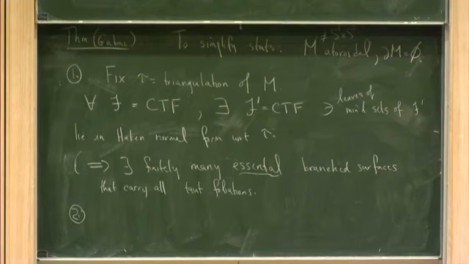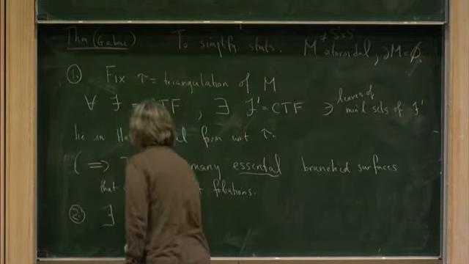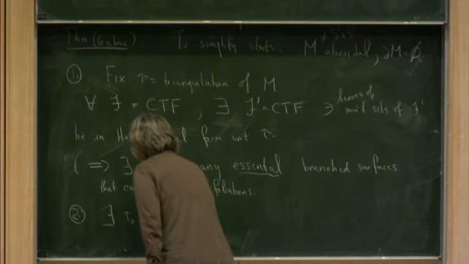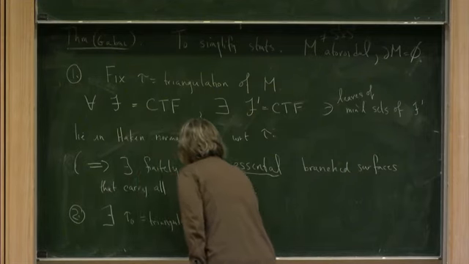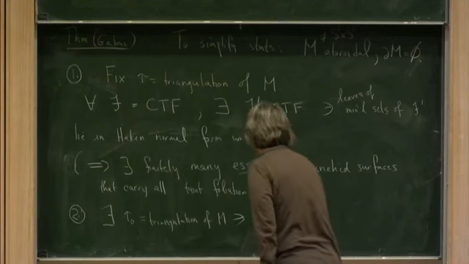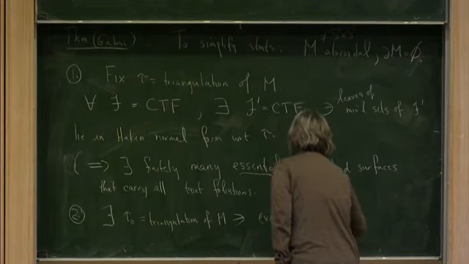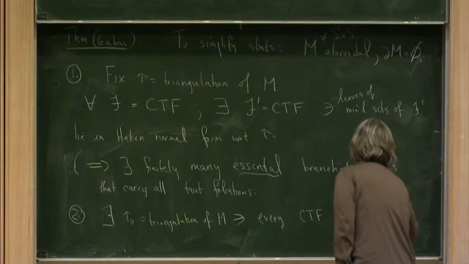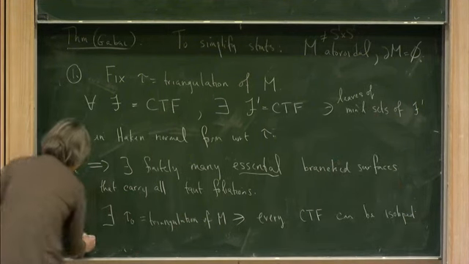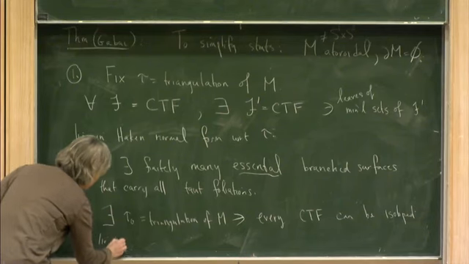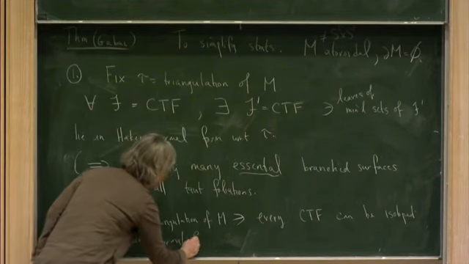Another thing that Gabai proved is that you can do better in the following sense, that there's some triangulation tau naught of M such that every taut foliation can be isotoped to lie in Haken normal form with respect to tau naught.